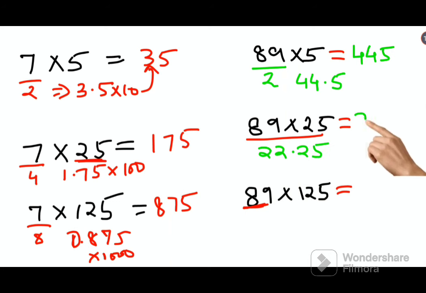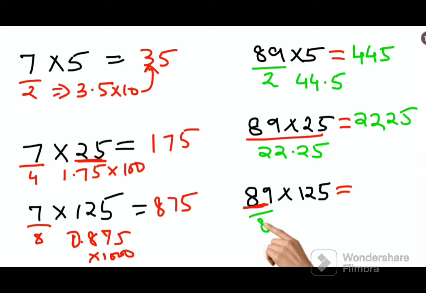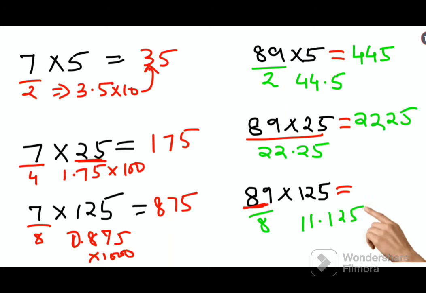Multiply by 100, you get 2225. Now for 125, you divide by 8. When you divide by 8, you get 11.125. When multiplied by 1000, you get 11125. I hope you all got the hang of how to do these kinds of questions.